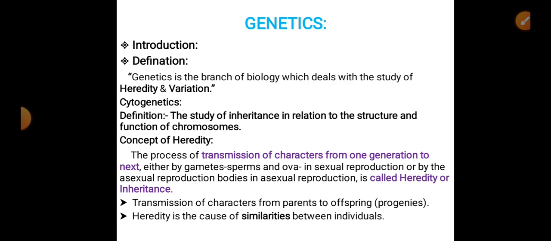That means transmission of character from one generation to the next generation is called heredity. Now, transmission of character from parents to offspring, that is in the progeny, heredity is the cause of similarities between individuals because the genes that are present in parents are transmitted into the offspring.